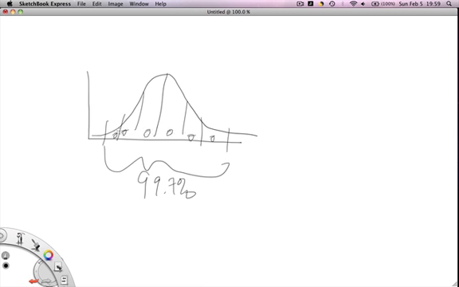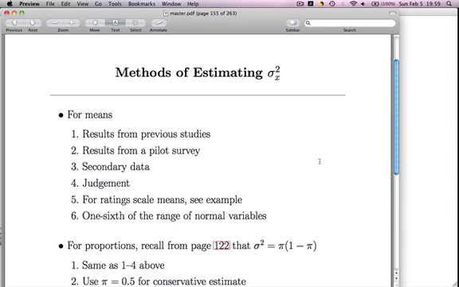All right, so if you can guess the min and the max, so let's say the min were something like 10 and the max was 70, then the range is going to be 60, which is 70 minus 10. And so therefore sigma we would estimate as being 1/6 of that, which would be 10. All right, so that's another commonly used approach.